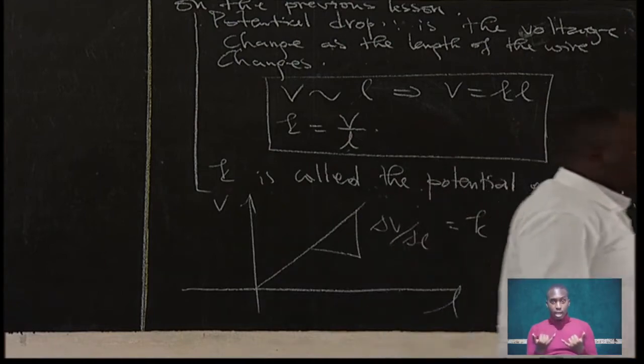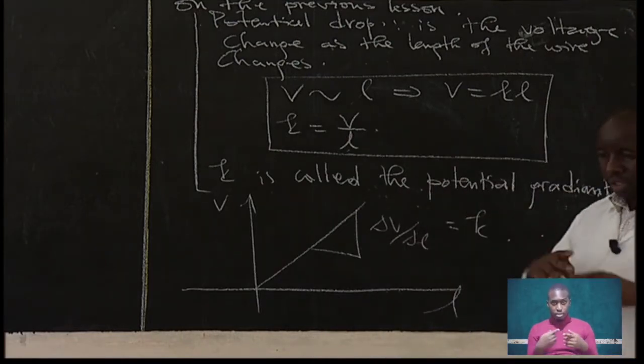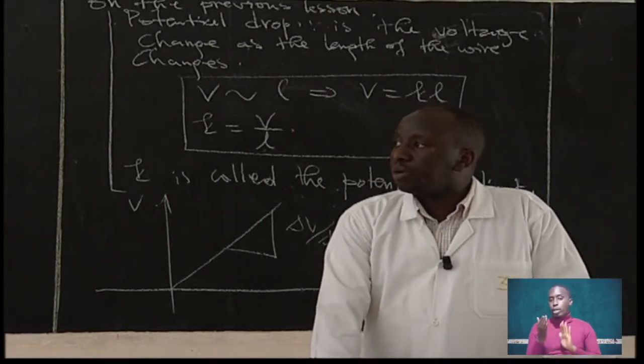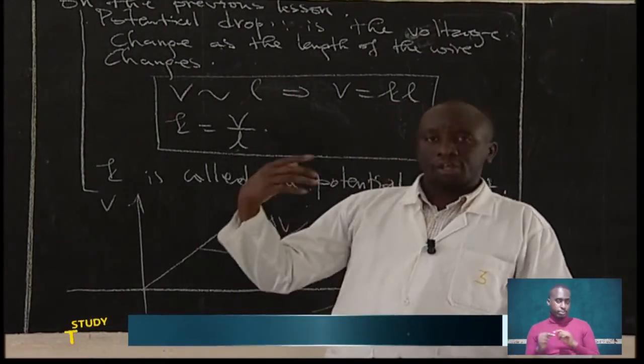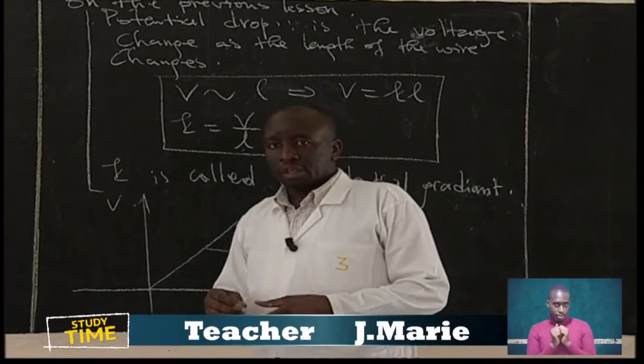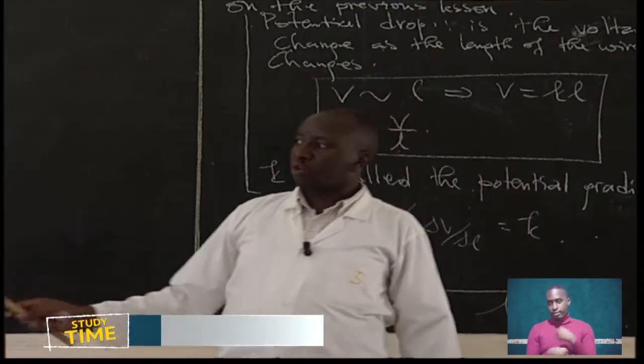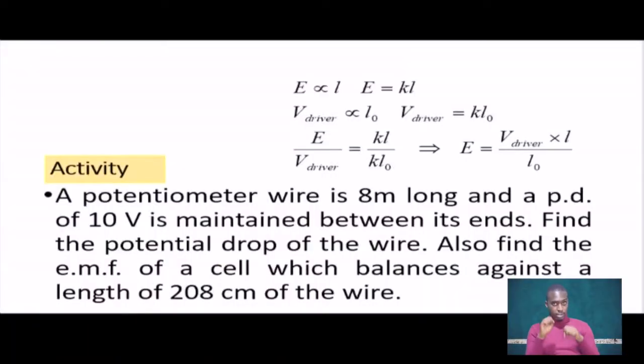Now, as we move, let's do a quick example from what we have discussed within the last lesson. Here we have an activity. So we end up having this expression.